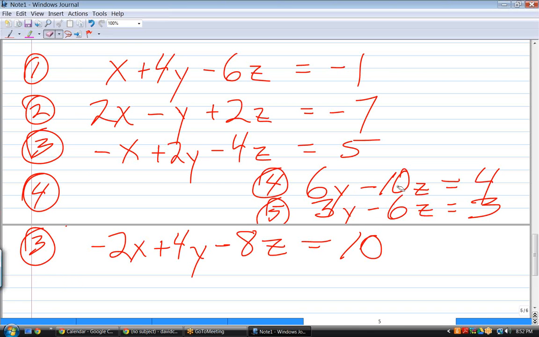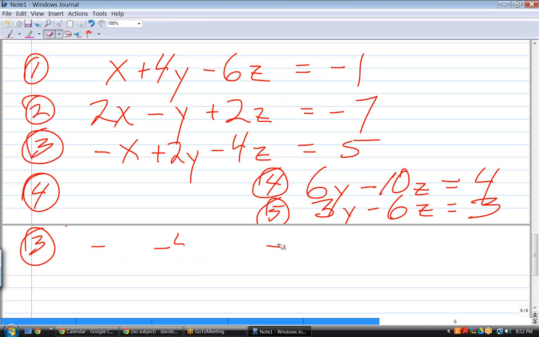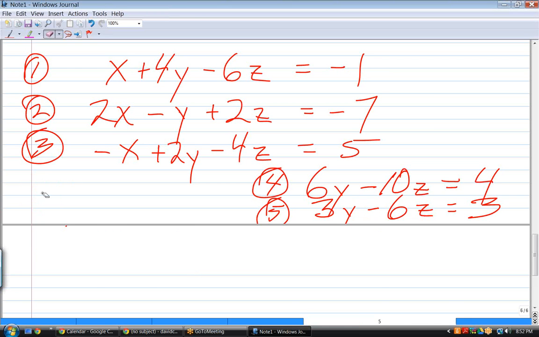Now we're going to solve this system of 2 equations and 2 unknowns in the normal way. How can I eliminate a variable here? We could multiply the bottom one that we just made by 2. Get rid of the y.